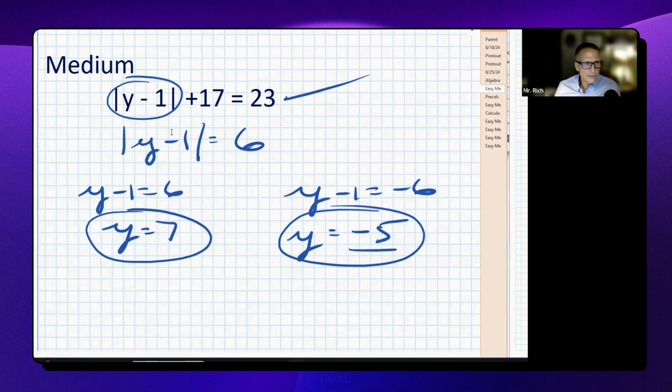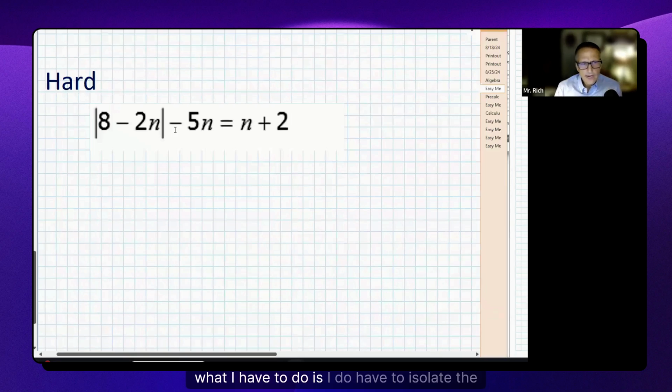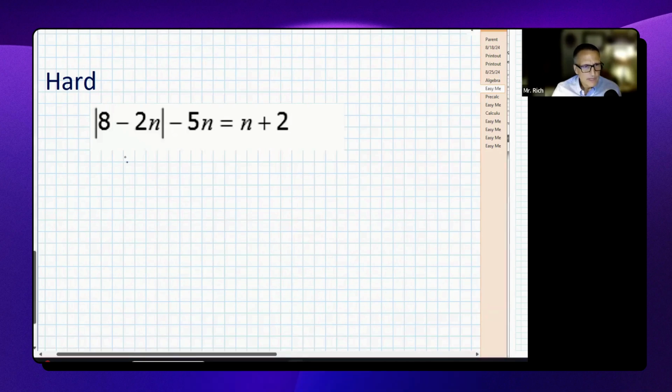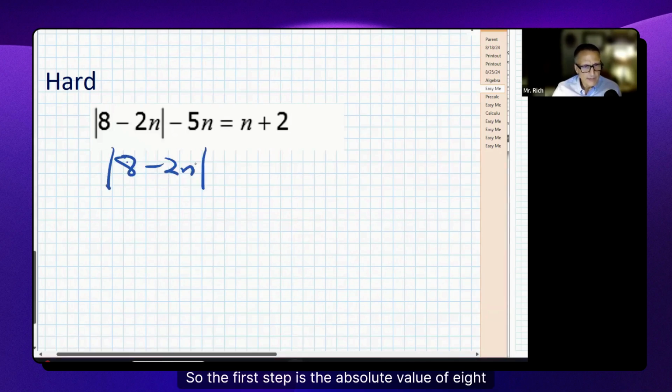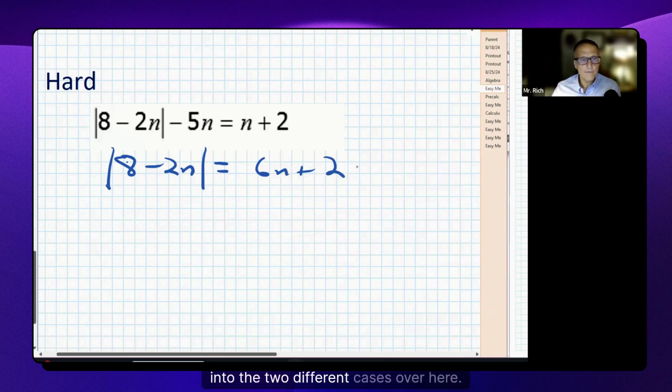Okay, next, let's go to the hard one. Now, on this one, I do have to isolate the absolute value portion. So I am going to add 5n to both sides. So the first step is the absolute value of 8 minus 2n. When I add 5n to both sides, I'm going to get 6n plus 2. I am now going to break it up into the two different cases.